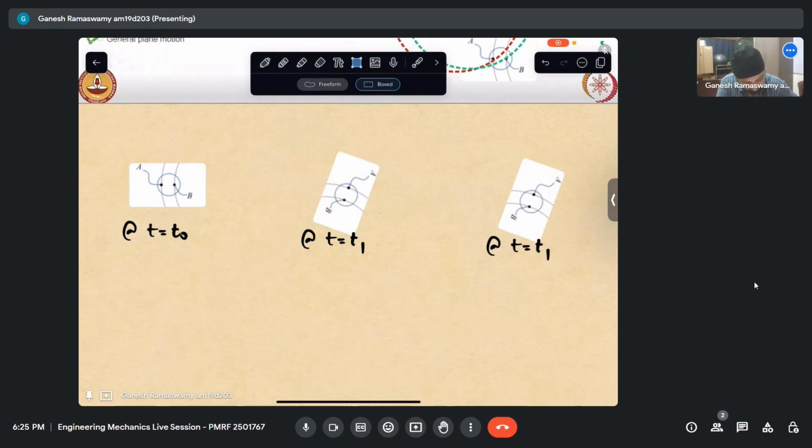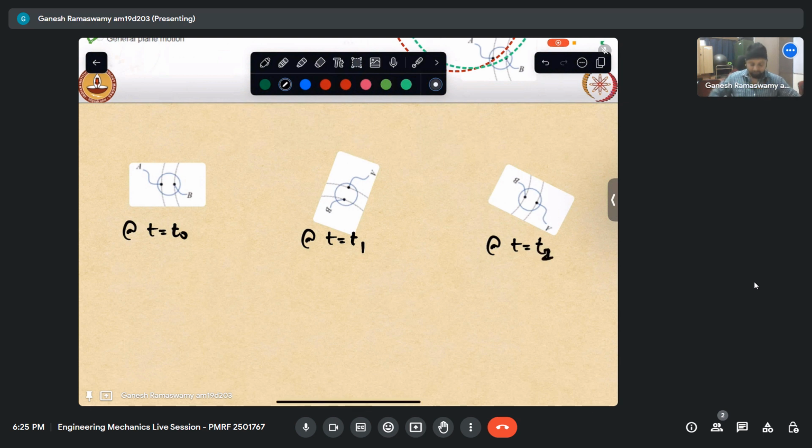At time t equal to t2, it would have been like that. But at the same point, that is when it will undergo fixed axis rotation. So this is the case of fixed axis rotation.